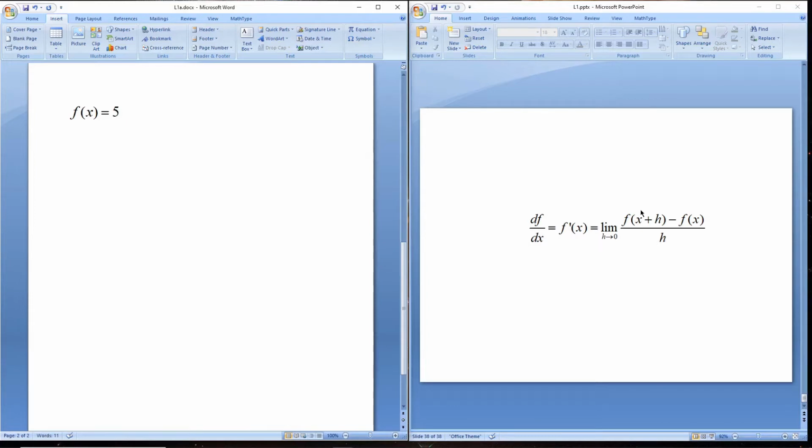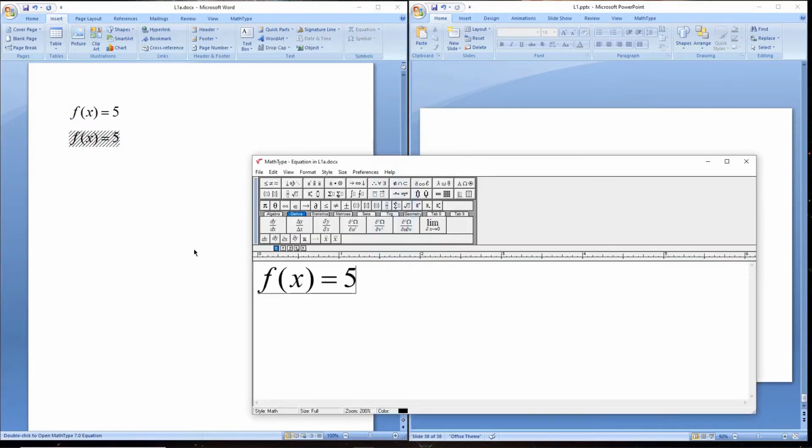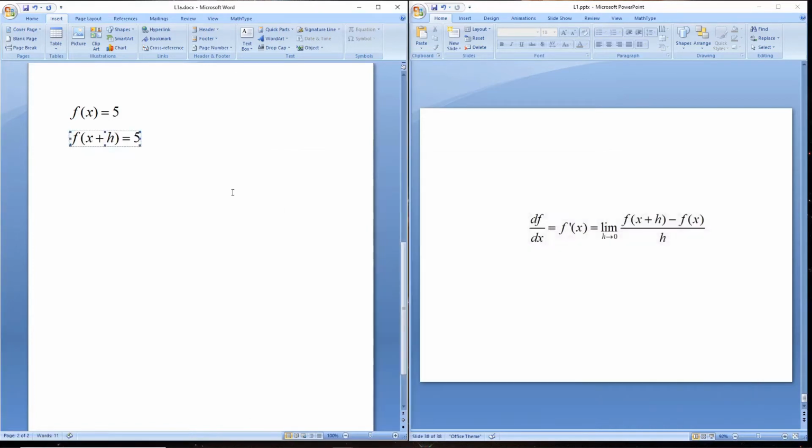So notice what we have to plug in. We need to plug in the function, and we need to plug in what x plus h is. So let's do that. We have what the function is right here, just 5. And then what is x plus h when we put it into the function? Well, it's a constant function, so no matter what we put in, it's still 5.